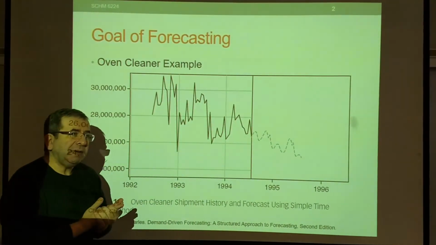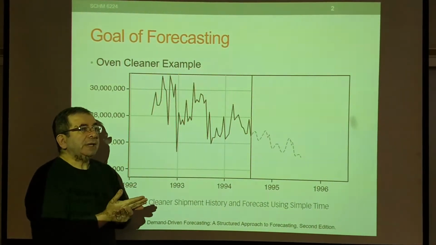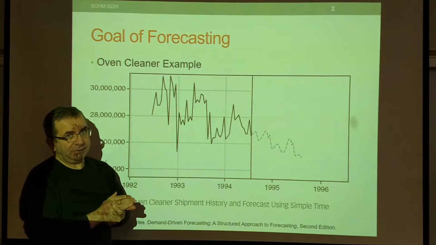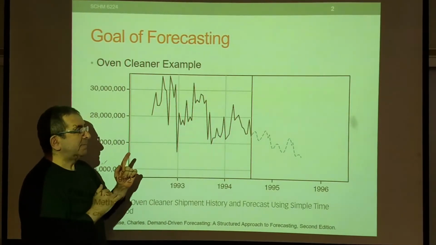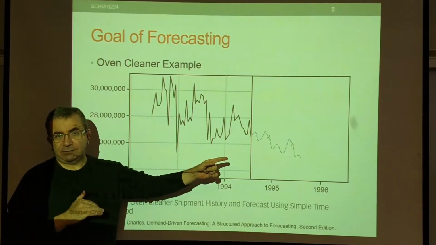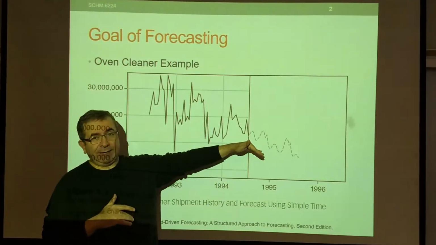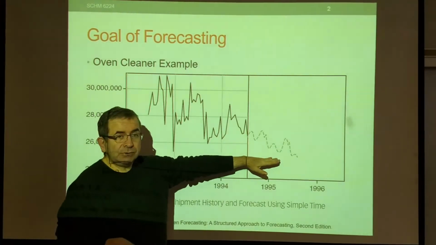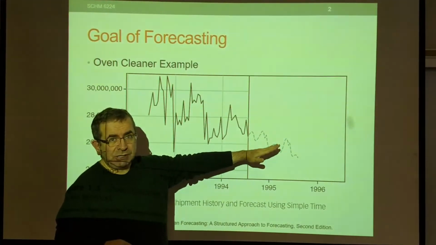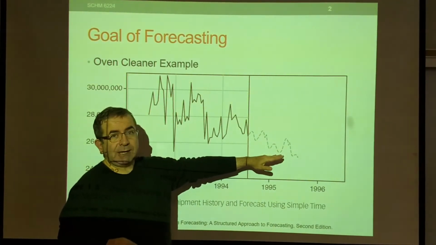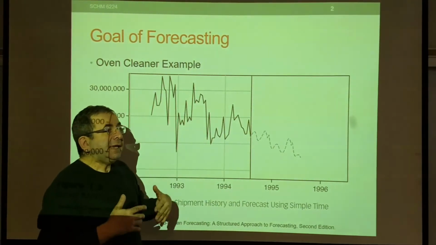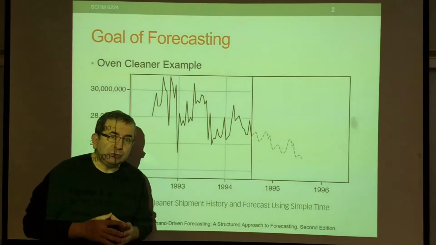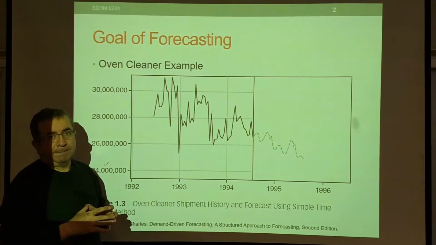And then the question becomes, can we do something about it? Can we reverse this? Okay, so this is a dying product. If we don't do anything, pretty soon this product is going to reach the break-even point, and we're going to stop production. Is there something we can do to change this trend?